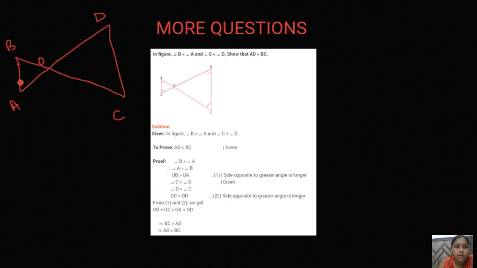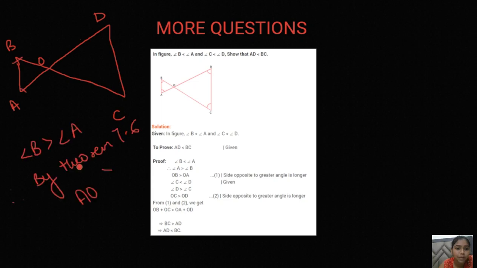Okay, so if angle B is greater than angle A, then the side opposite to angle B, you can simply write by the theorem, whatever the theorem number is, AO will be greater than... oh sorry, I'm sorry, it is written that angle B is smaller than angle A. It means angle A is larger than angle B, right?